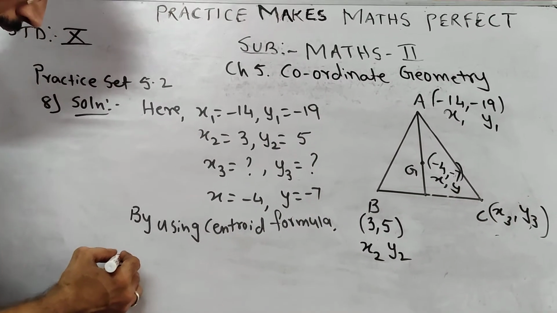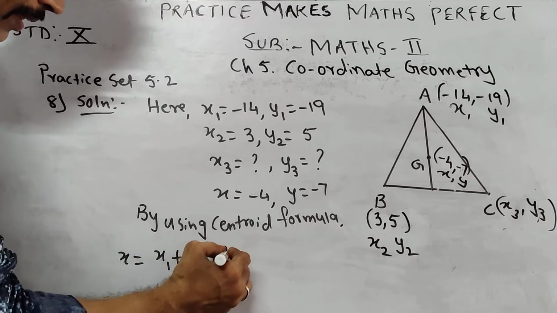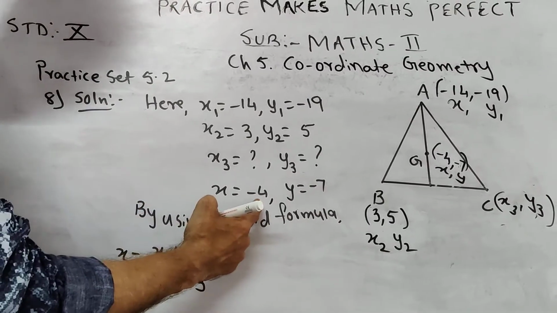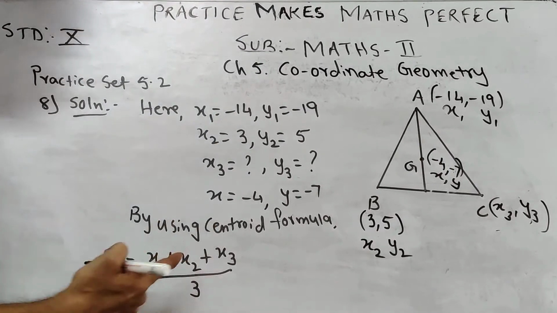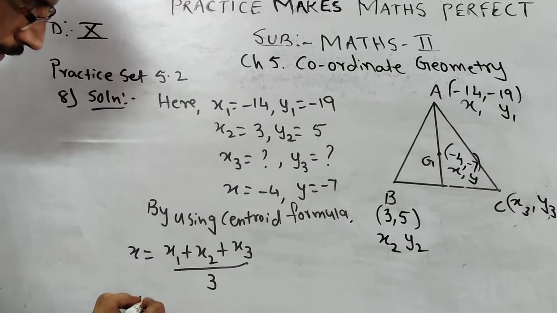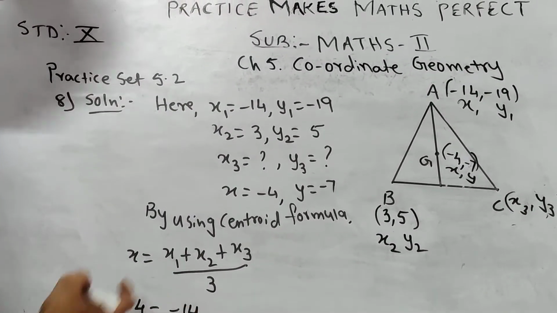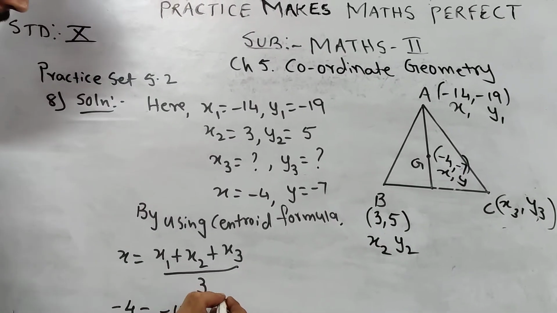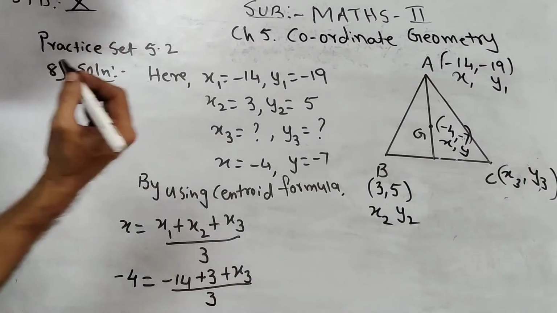So you know the formula, x is equal to x1 plus x2 plus x3 upon 3. Okay, your x is minus 4. You have to pick up from here only. See, that is why if you write this one below other, it will be very easy for you. Okay, so x is minus 4. Minus 4 is equal to x1 is minus 14. See, x2 is 3. Okay, plus x3 is not given upon 3.